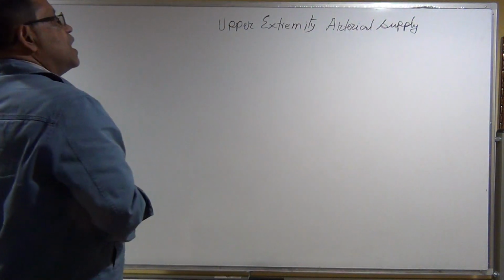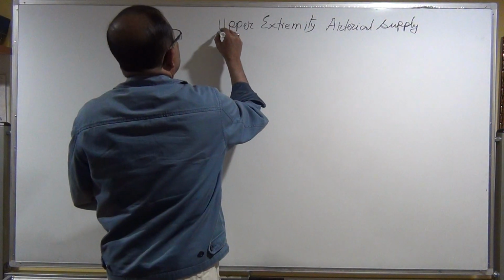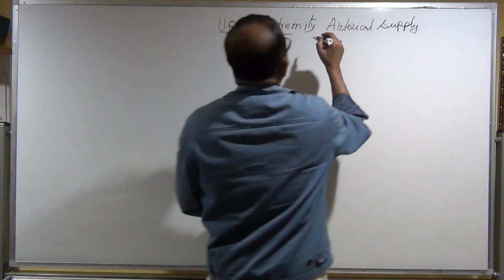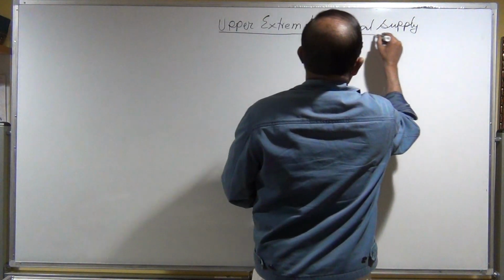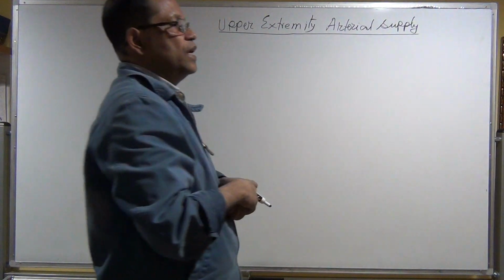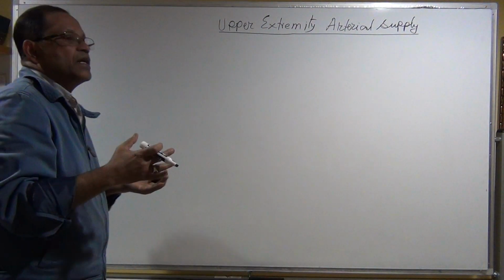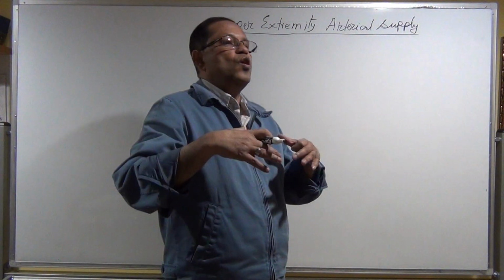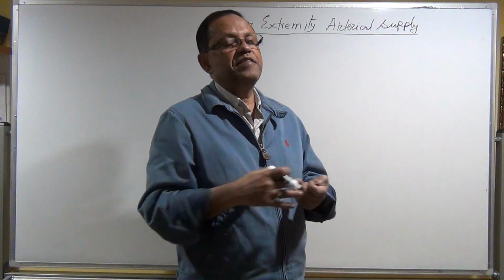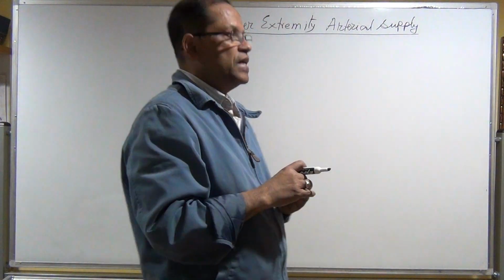We have to understand that there are two upper extremities, right and left, but their origin of supply is different.